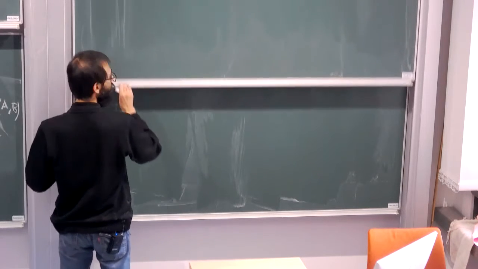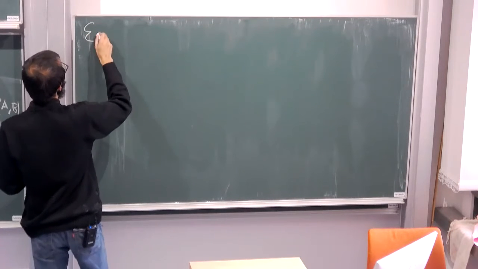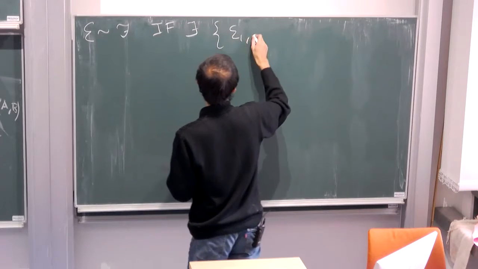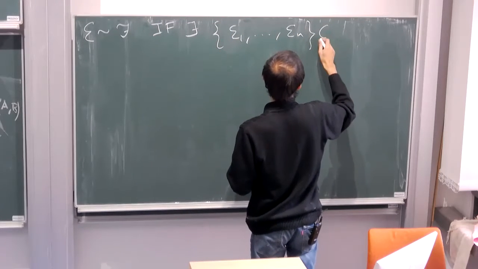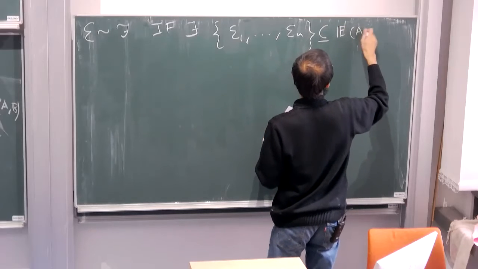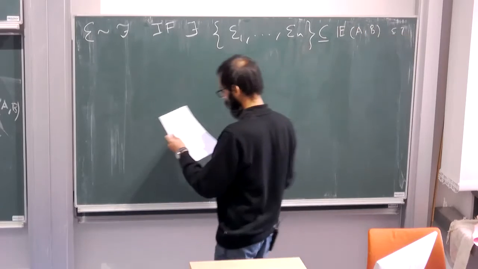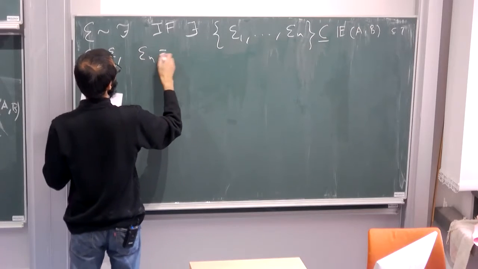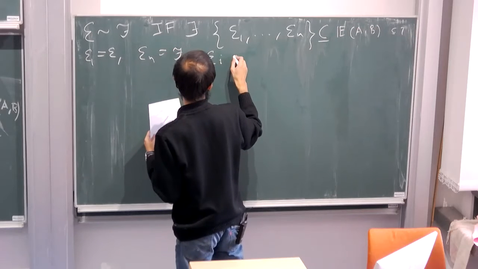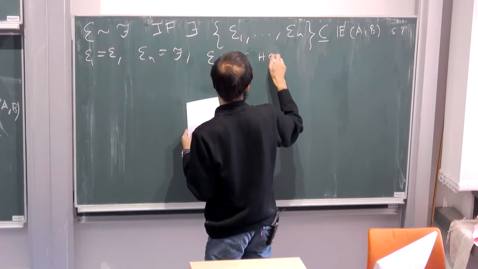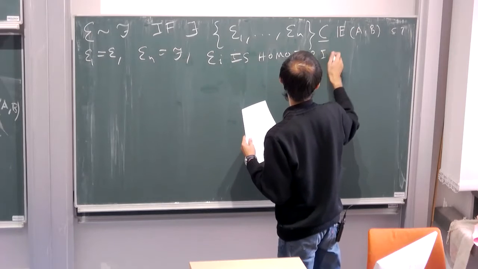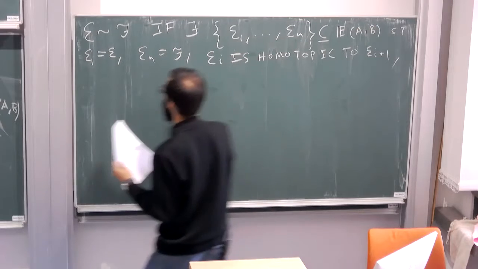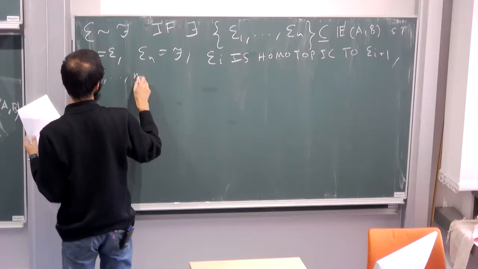So we write, if there exists a finite set such that E1 is E, En is F, Ei is homotopic to Ei plus 1, i running from 1 through n minus 1.